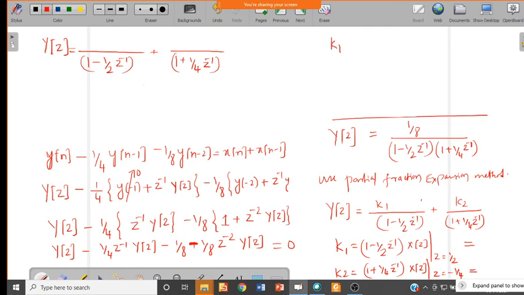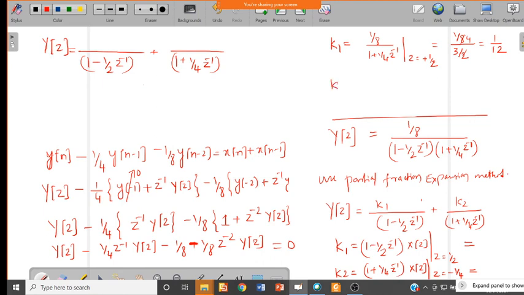What you will get? K1 equal to 1 by 8 by 1 plus 1 by 4 z inverse at z equal to plus half. So if you put z equal to plus half, z inverse will become 2, and it will become 1 plus 1 by 2, it is 3 by 2, and you will get 4, it is nothing but 1 by 12.